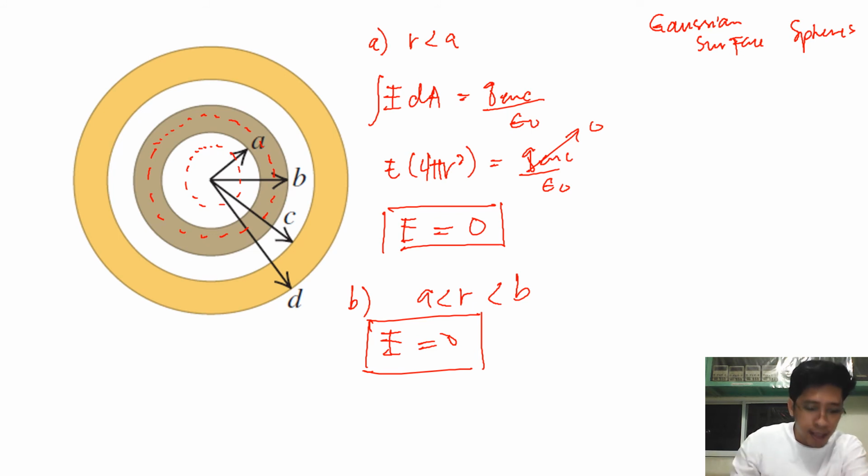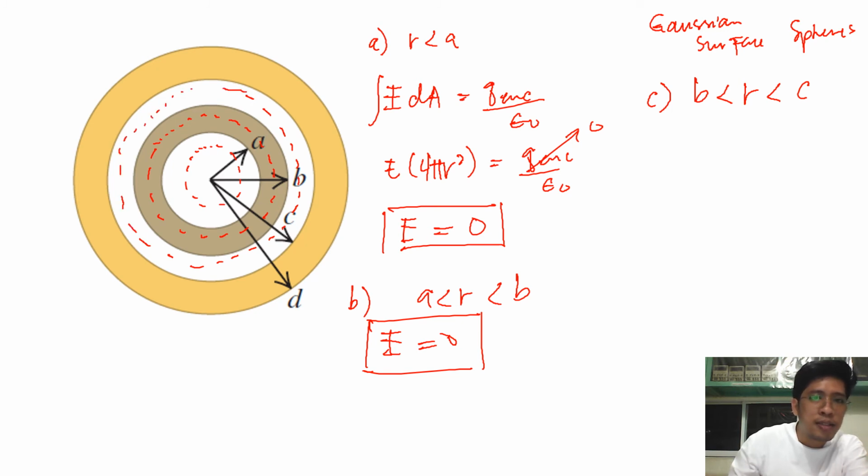So next, let's solve for C. C is when b is less than r is less than c, meaning somewhere around here. This is now where your Gaussian surface is.